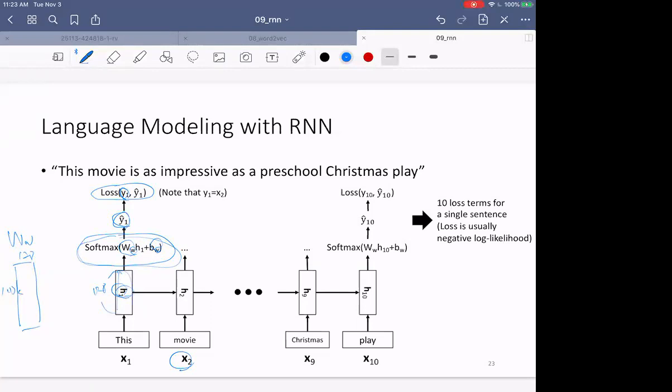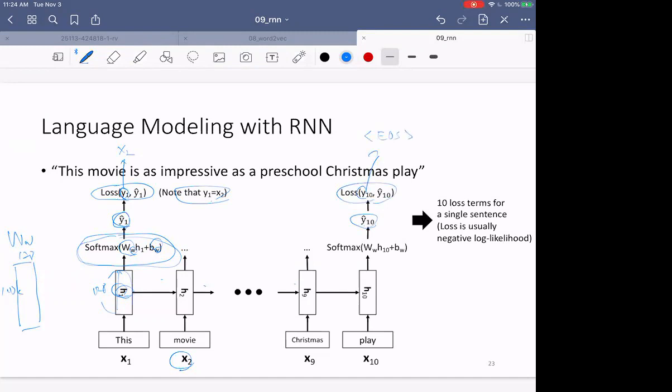So at T equals 1, X2 becomes your true label. So Y1 is X2. And then you can do the same thing across the entire time step. And at X10, you have Y hat 10 and Y10, with Y10 being end of sentence.